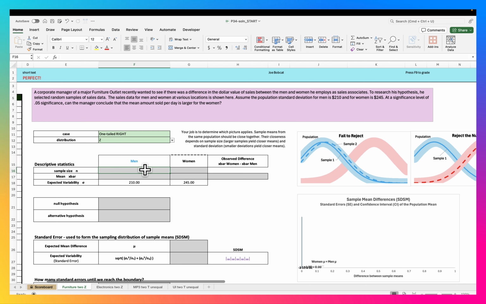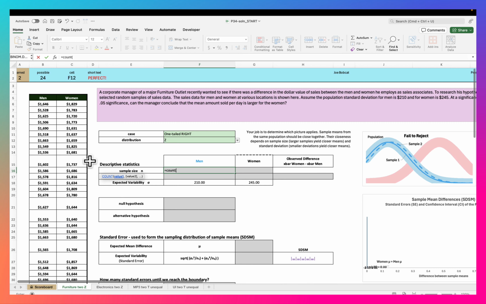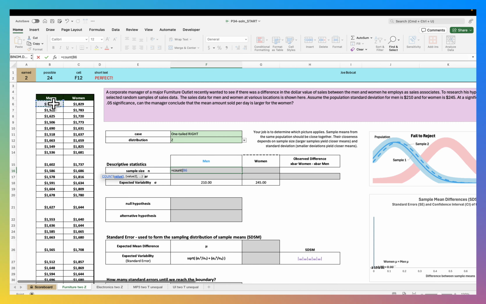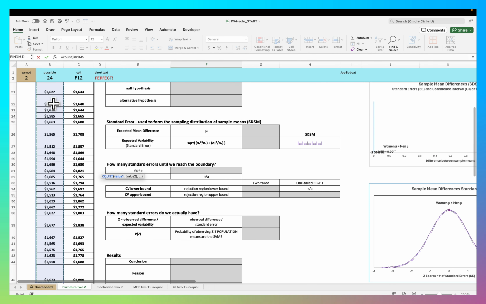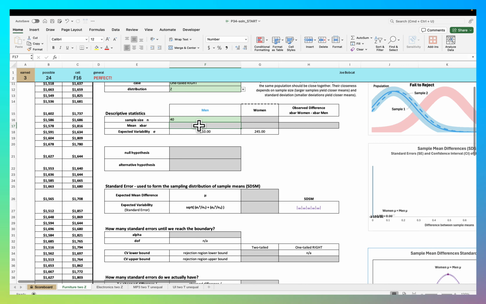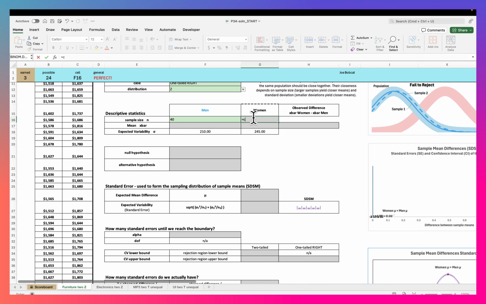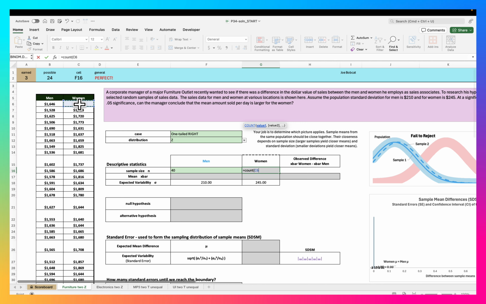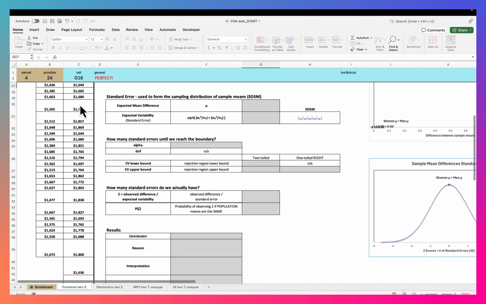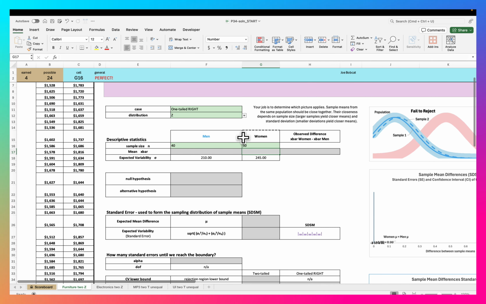Okay, let's look at the sample size. So we're going to count the number of records that we have here for the men. 40 records for the men, and for the women, we have more records, so 50 records for the women.